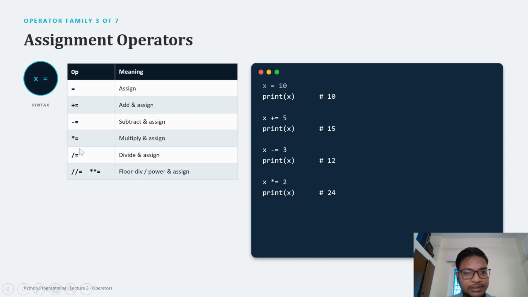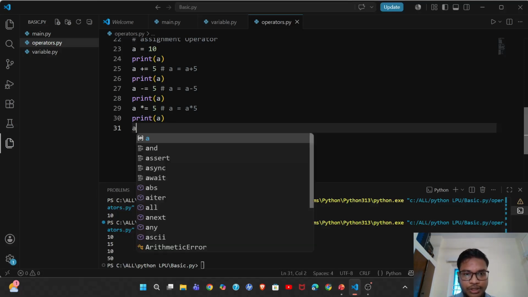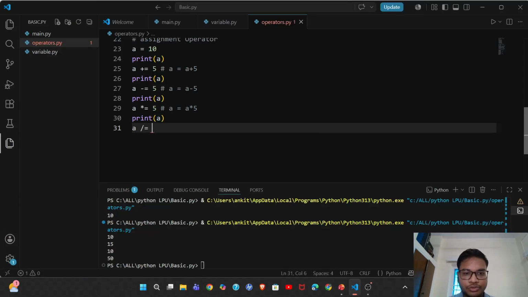And the next one is divide equal to. Okay. So a divide equal to, what is the value now? 50. So a divide equal to 5. Let's take 5. Okay. What does it mean? It means a equal to a divided by 5.